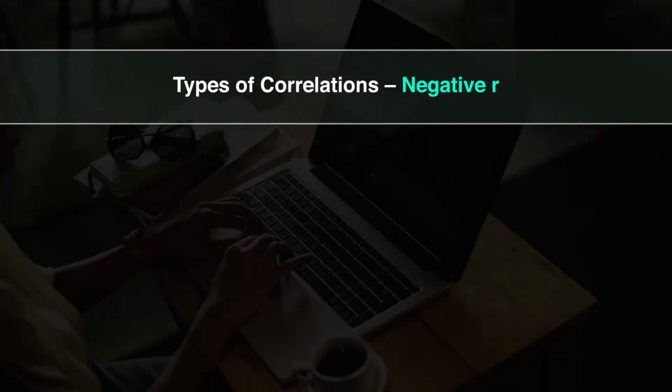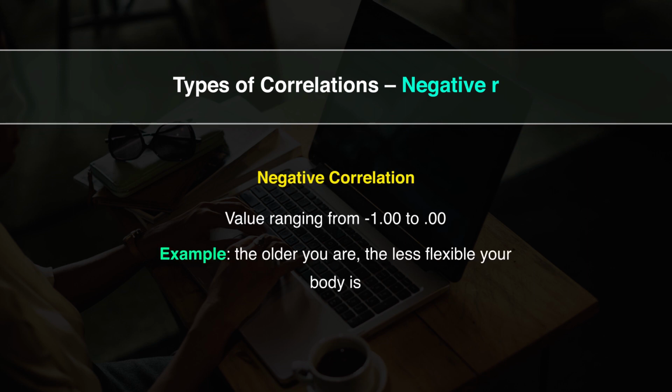And when you talk about negative correlation, one variable increases and the other decreases. It's called negative correlation, with values ranging from -1 to 0.0, and an example is: the older you are, the less flexible your body is. This is one example of negative correlation, because when one variable increases, the other decreases.